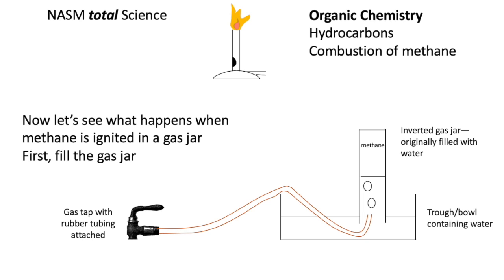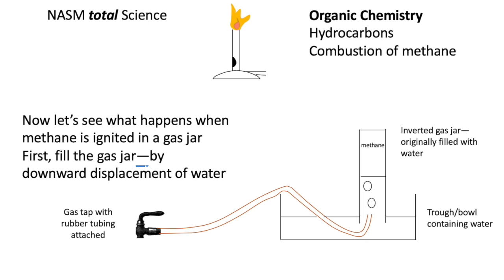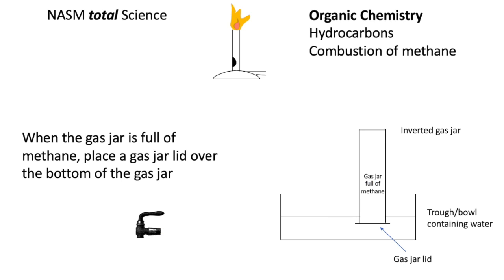And here you can see bubbles of methane rising because the gas is lighter than water. And it's called filling the gas jar with the gas by downward displacement of water. So when the gas jar is full, put your hand into the water and put a gas jar lid over the bottom of it, obviously having turned off the gas and removed the tubing.